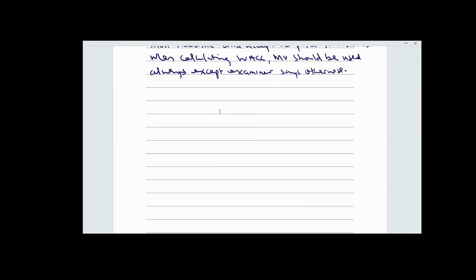Estimating market value. So how do you compute market value of equity, market value of preference share, market value of debt? That's what I want to show you.